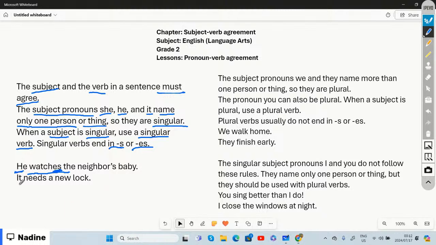Another example is it, right? Referring to, for example, one thing. It needs, and there our verb ends with an s. It needs a new lock.